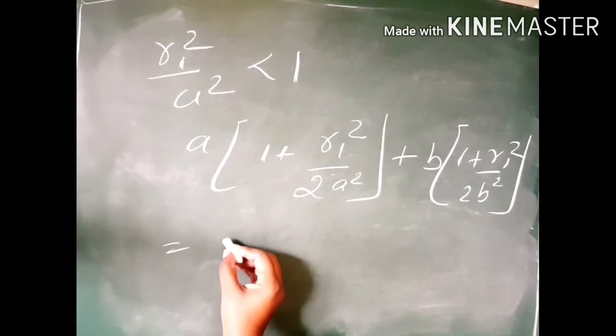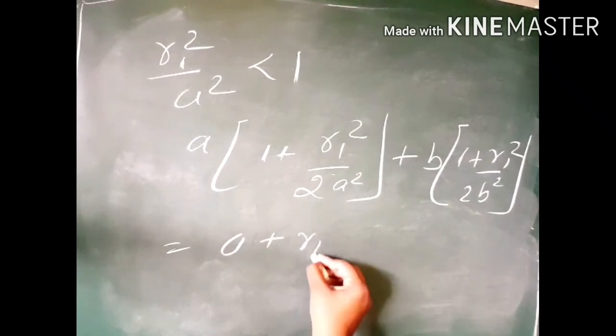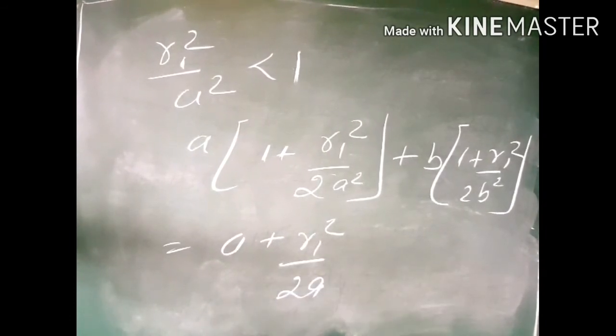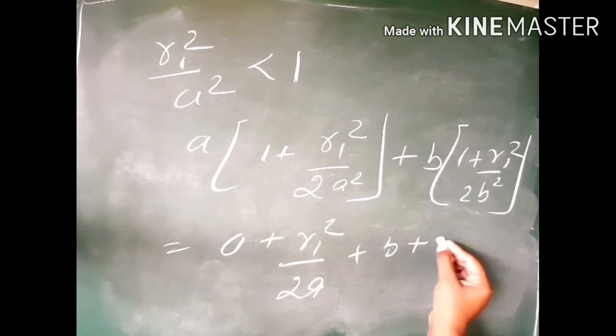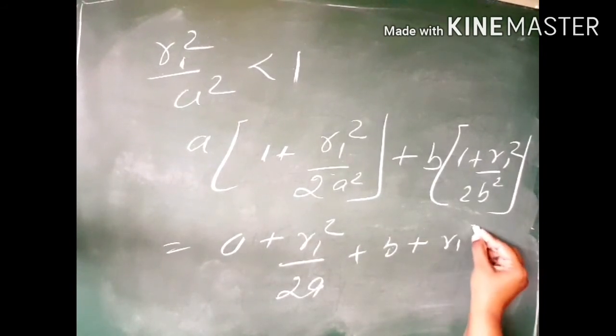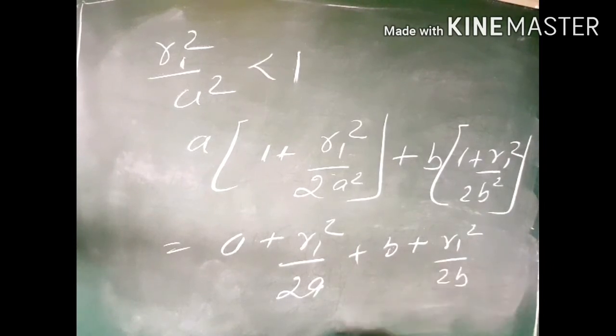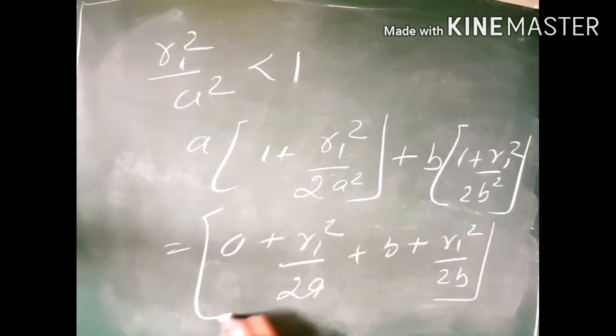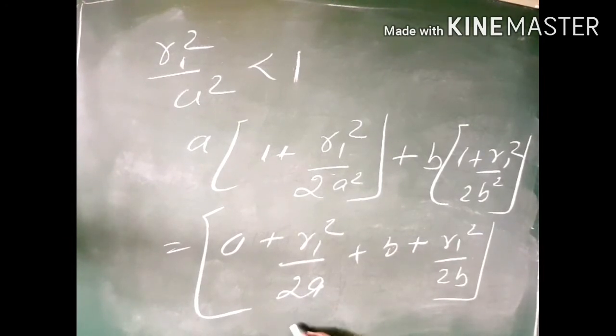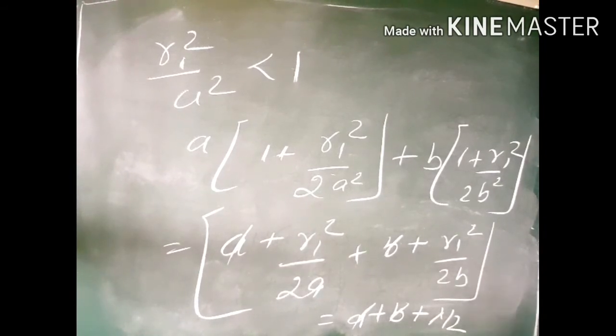Now multiplying a inside, the left hand side is a plus R1 square by 2a plus b plus R1 square by 2b, and on the right hand side we have a plus b plus lambda by 2. Now a and b will cancel out, and we get R1 square.